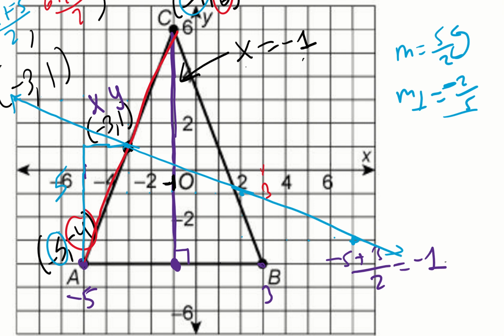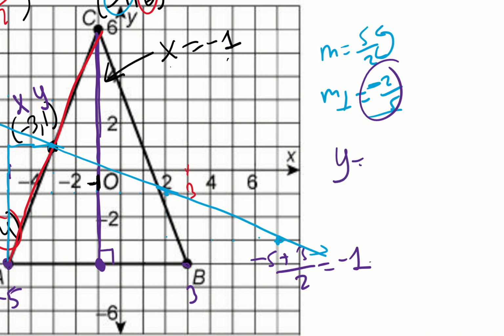It's -3, 1. And we know the slope of that line. So we can find the equation using y equals mx plus b. So we got this slope here, -2/5 x plus b. Let's change that -2/5 to -0.4, okay?